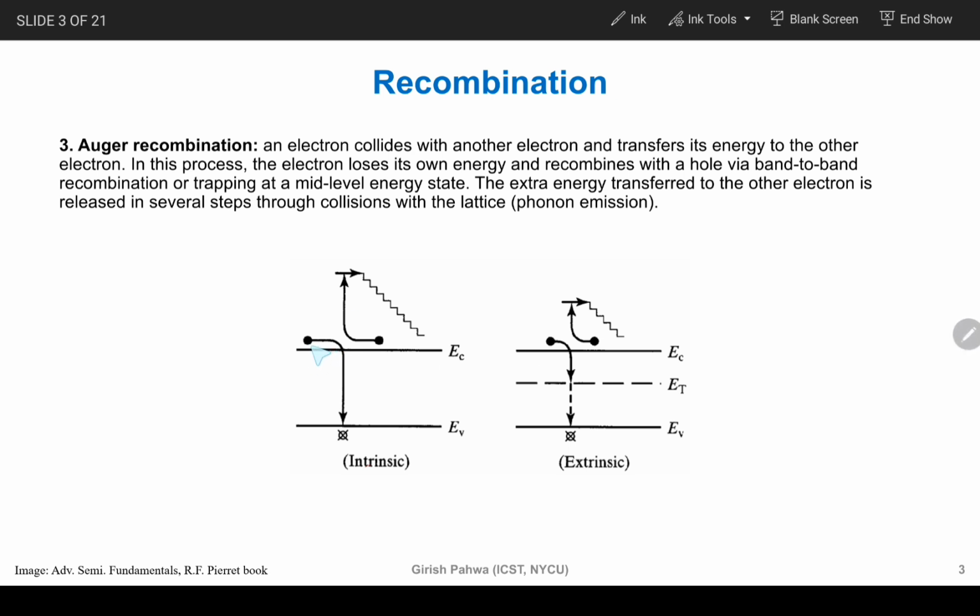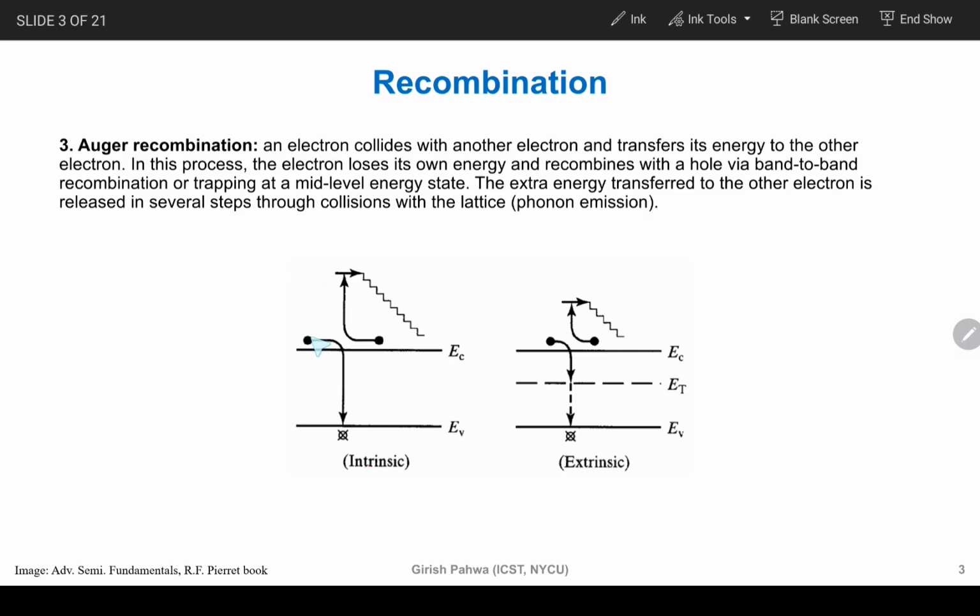So this, yeah, even if it simply goes from here to here, right? Earlier, in direct band to band recombination, it was releasing that energy in the form of, say, a photon. But now that energy can also be used to accelerate another electron, right?